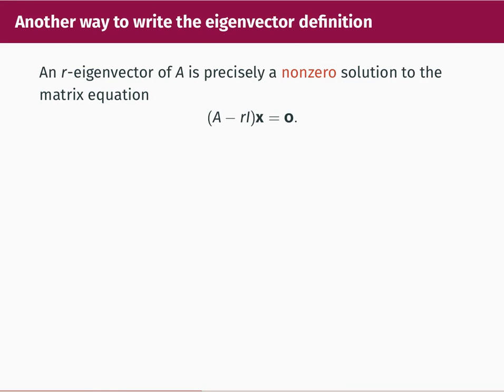Here's another way to write the eigenvector definition, which comes in handy sometimes. An R eigenvector of A is precisely a non-zero solution to the matrix equation (A minus R times I) times X equals 0.